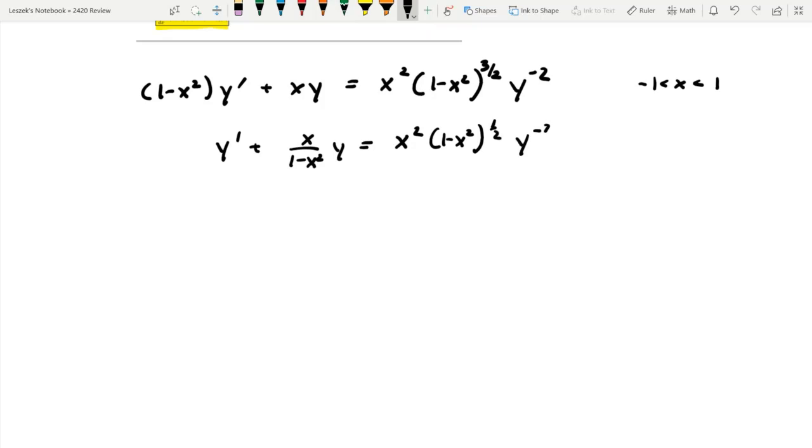I just wrote it in standard form by dividing everything by 1 minus x squared. And we see that it's indeed Bernoulli. We get y prime plus some function of x times y equals some function of x, and then we have this extra y to some power. So that makes it nonlinear and Bernoulli.